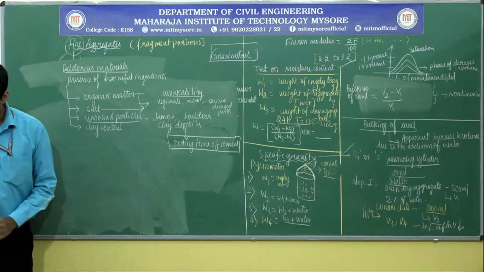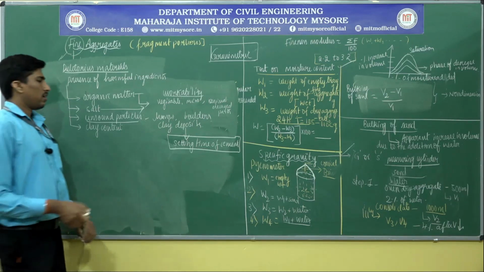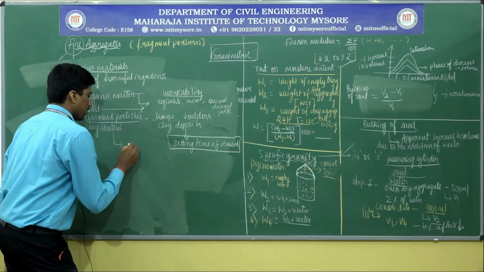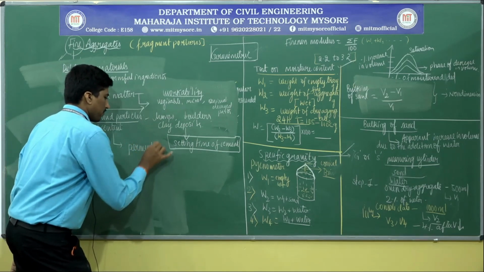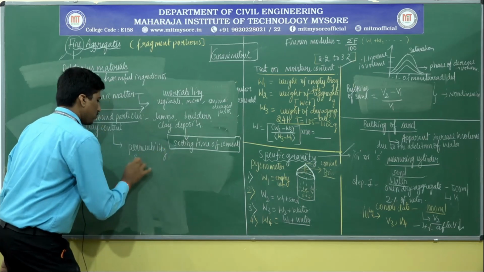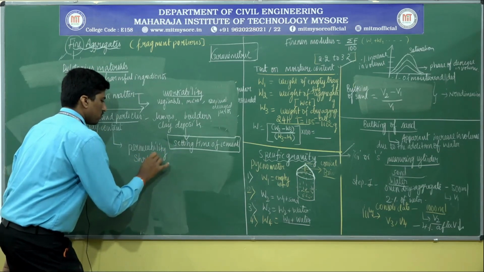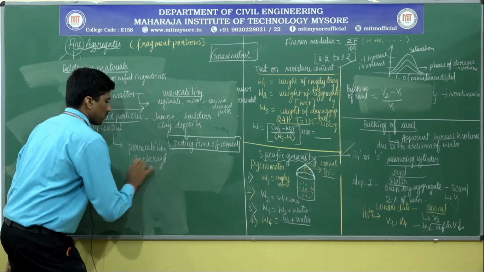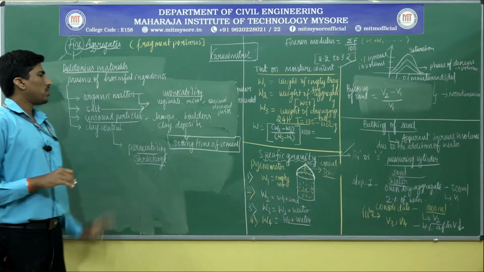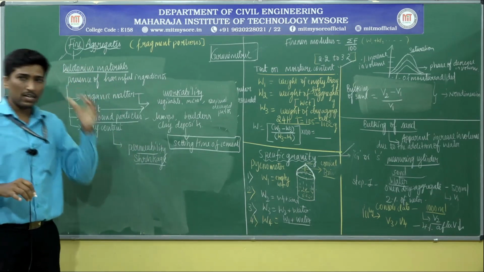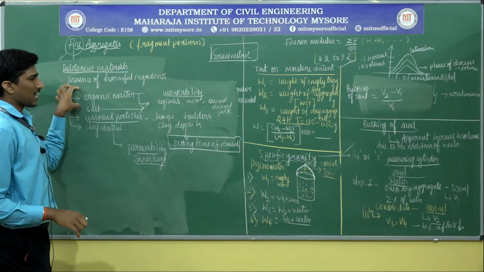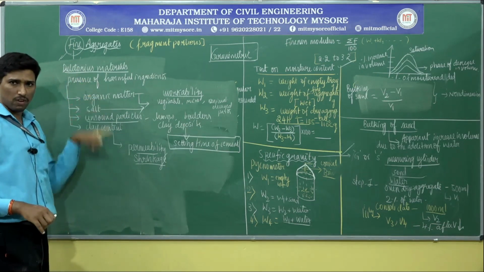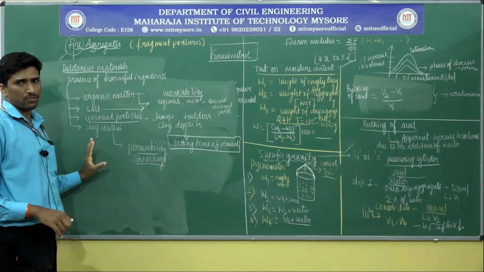Clay content, obviously, tends to increase the permeability and also causes shrinkage. So these are the sorts of deleterious materials which are present, and care has to be taken that the fine aggregate is free from these ingredients.